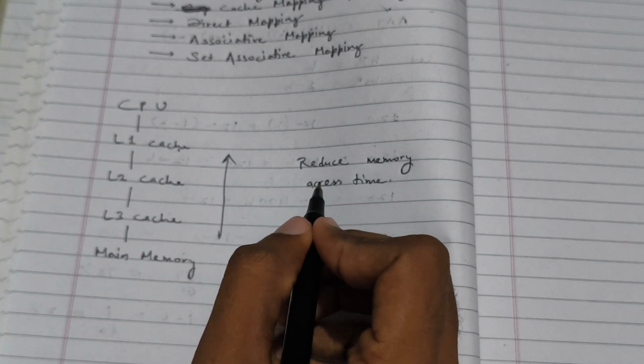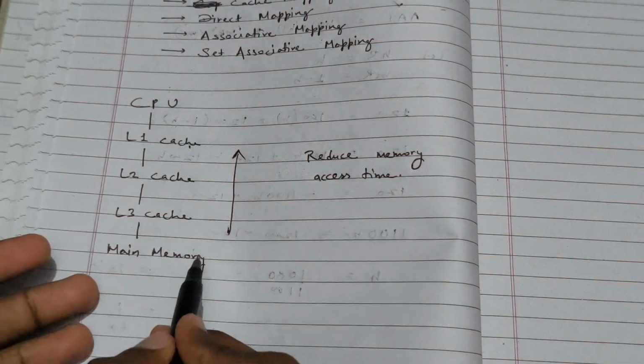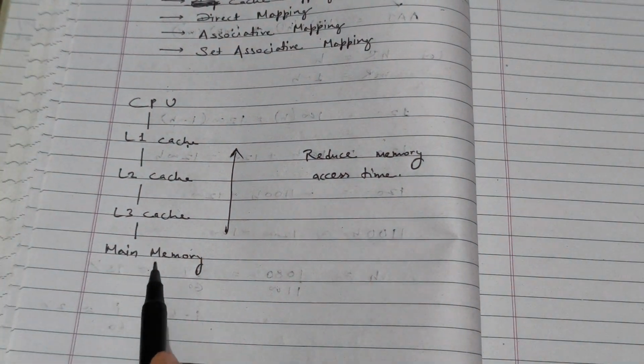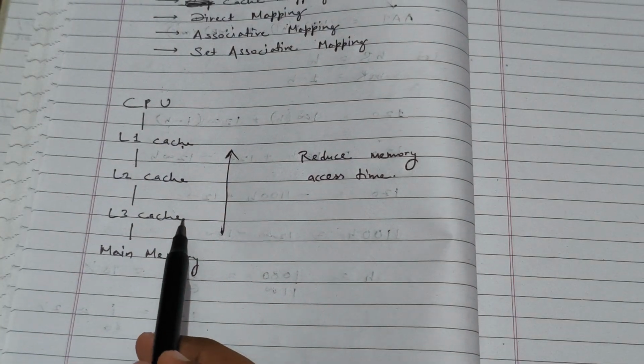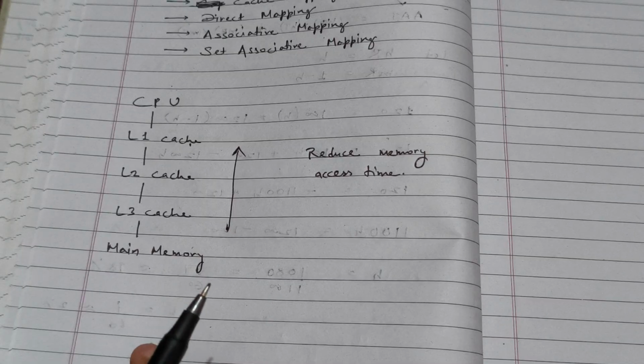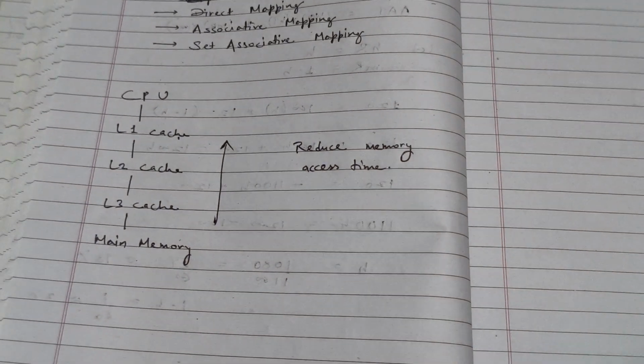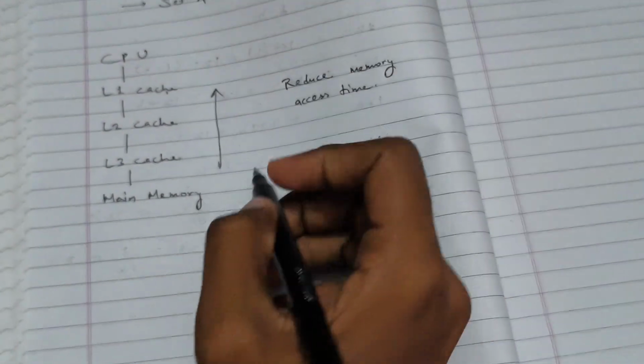So cache memory stores the frequently accessed data and instructions. Instead of accessing the data directly from the main memory every time, we store whatever is required frequently in the cache, and then the CPU accesses it through the cache. Now, how does the CPU perform this task? We have discussed it in the previous video as well. Let us revise quickly.